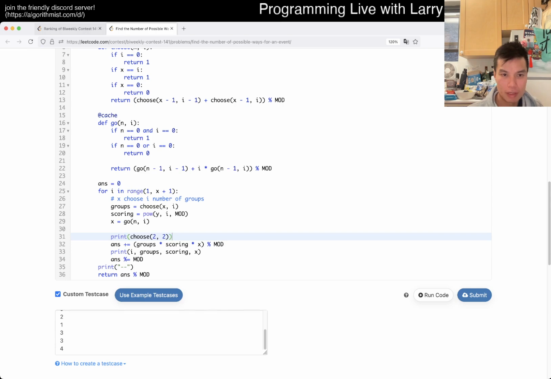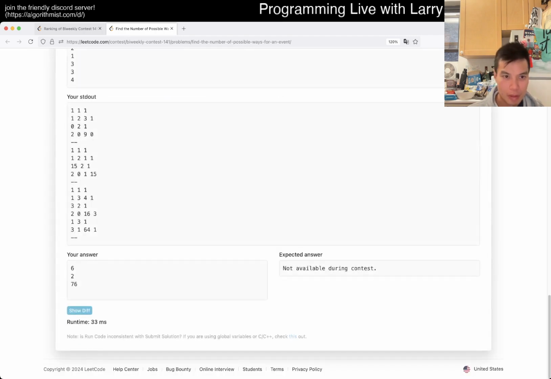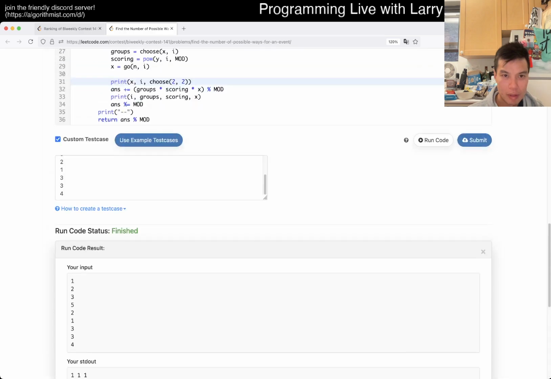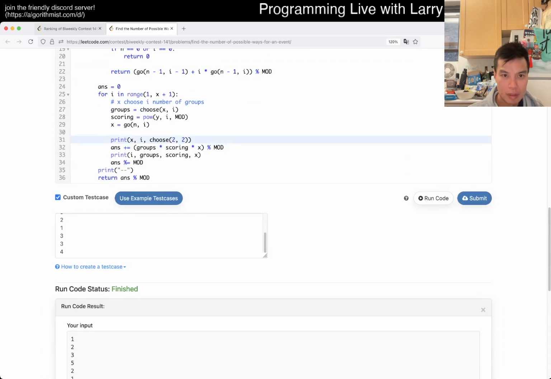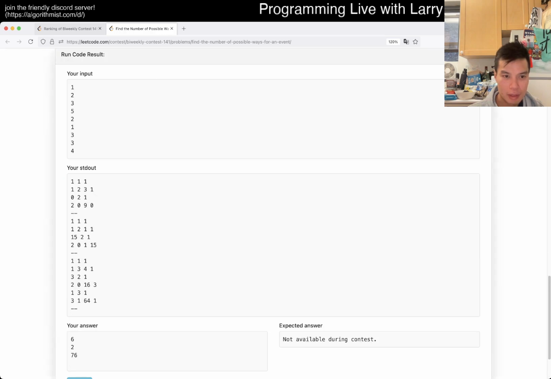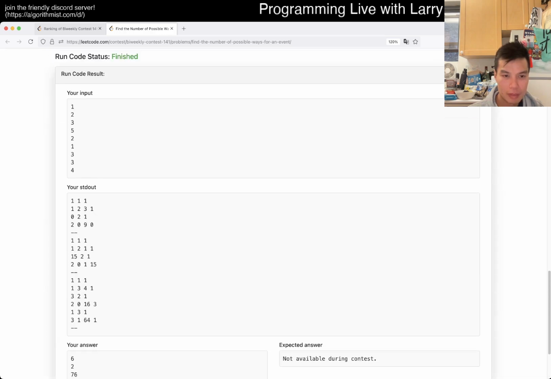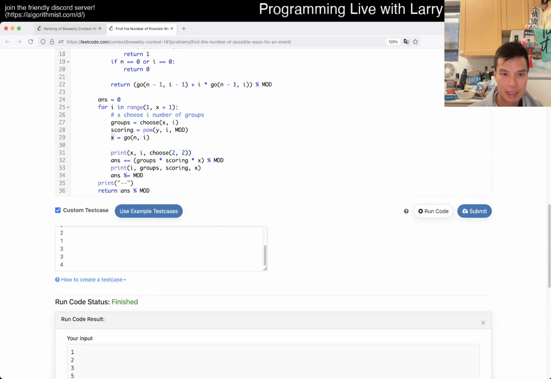Am I printing the right thing? Am I reusing I somewhere? X is 15. Oh, because I'm using X here.